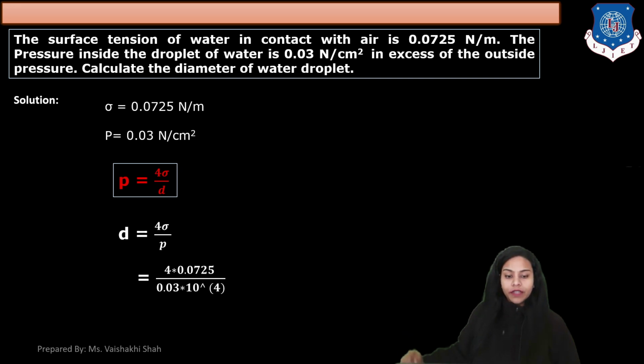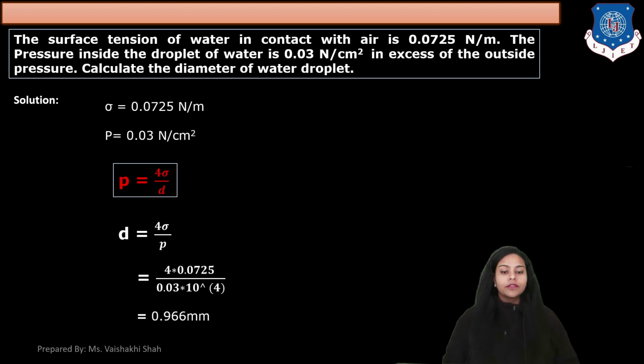That value will be 0.03 into 10 raised to 4. So your final answer for D, the diameter of the liquid droplet, is 0.966 mm. Clear?